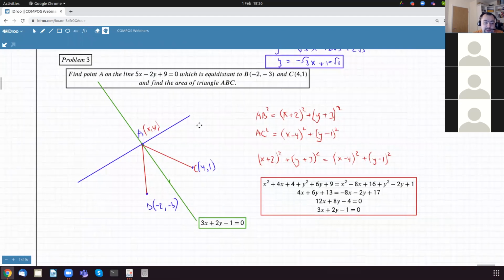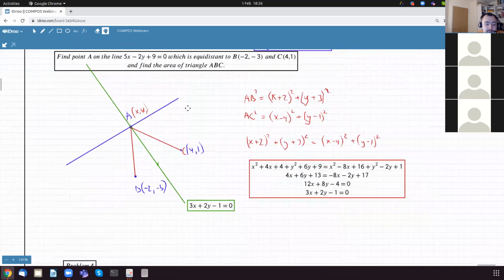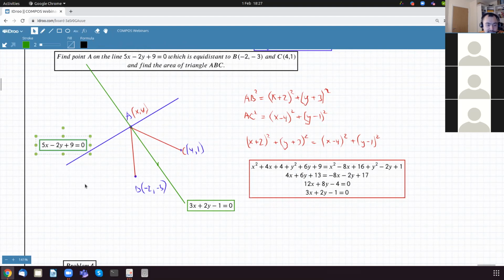And then all we need is to find the point of intersection of the two lines, which is this line, 5x minus 2y plus 9 equals 0. I'll try not to embarrass myself by making a silly mistake.